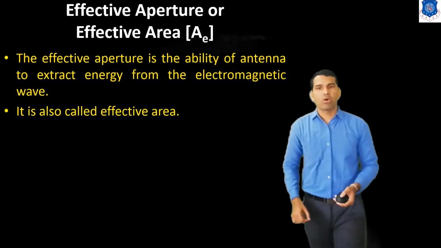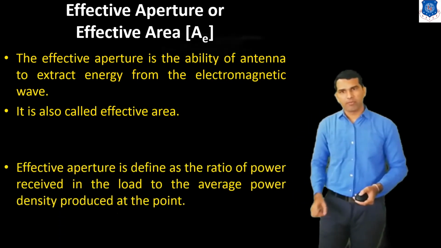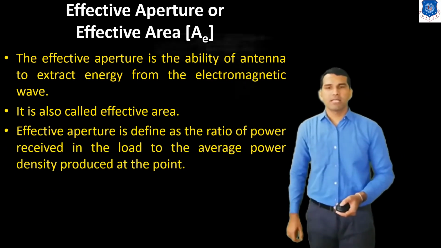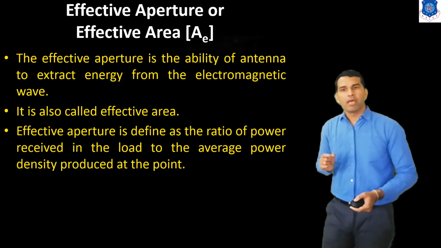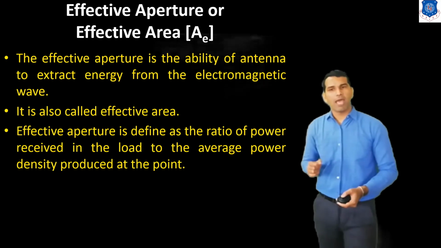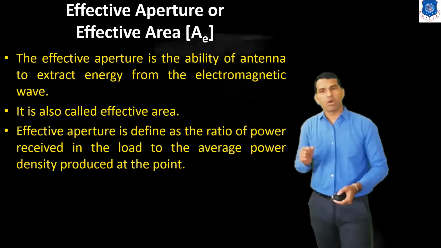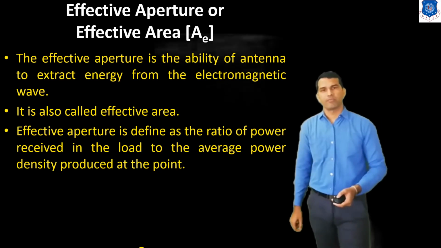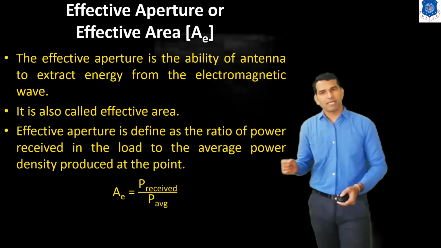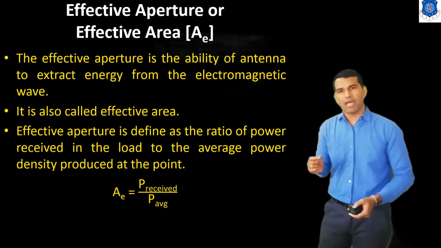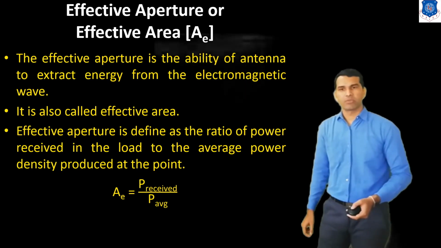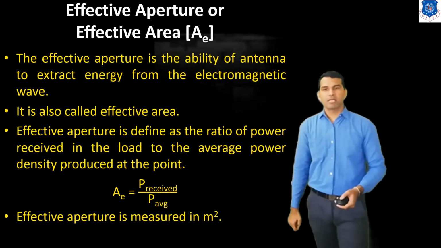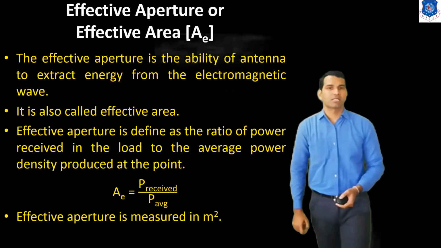It is also called the effective area. Effective aperture is defined as the ratio of power received in the load to the average power density produced at the point. So we can write AE = P received upon P average. Effective aperture is measured in meter square.